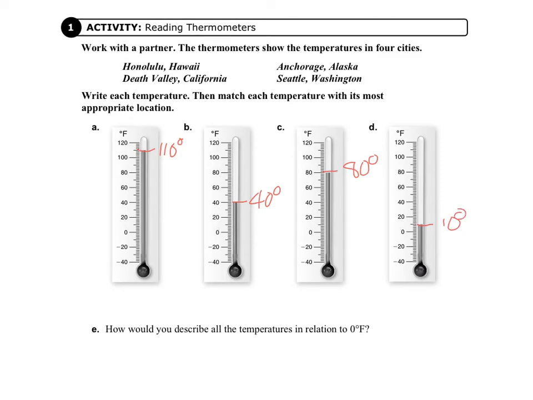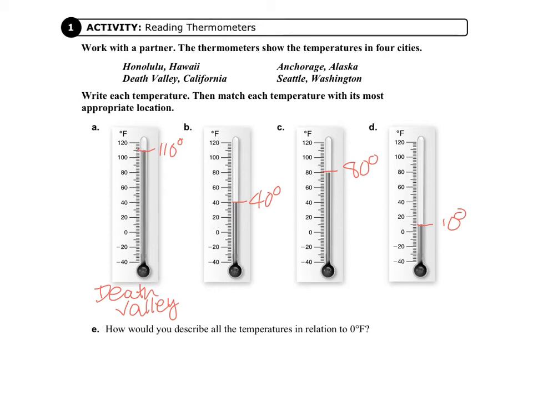So we can match these up pretty quickly. If you've ever been to Death Valley, California, you know it's really, really hot. So we can guess that this first one is Death Valley. And letter B, 40 degrees is cold, but it's probably not as cold as it would be in Alaska.